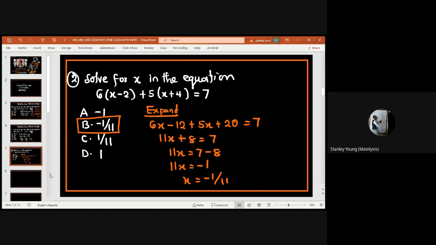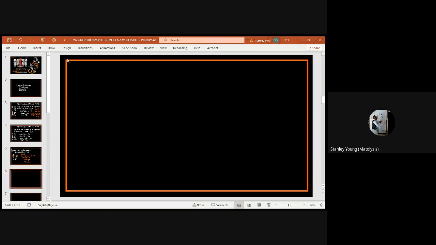Now I'm going to have a similar question, but I will twist it a bit. Imagine a question gives you a into the bracket of x minus b, plus something like a into the bracket of x minus c, equals d.